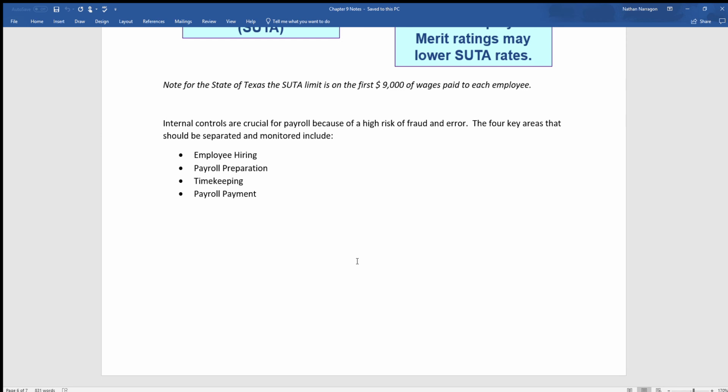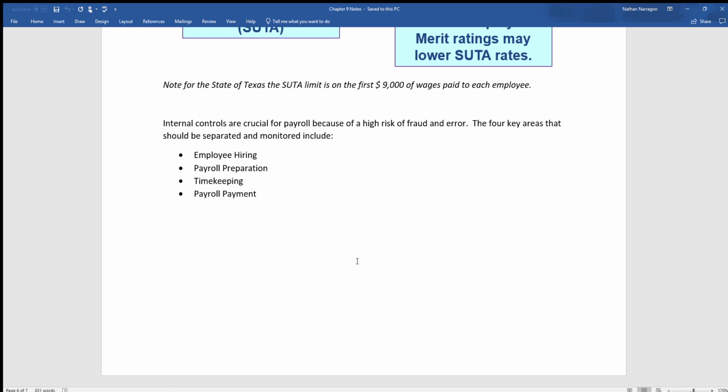Well, payroll will have that if it's just one person doing this. So you basically want to separate this out or understand what's going on. Again, you get a lot of this in your payroll tax course, but always know these 4 big areas are very key in keeping internal control correct.